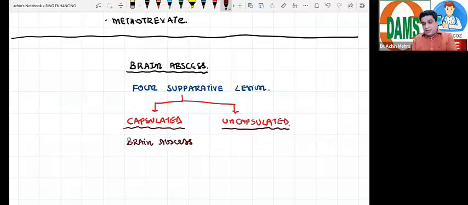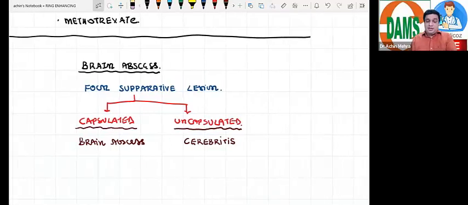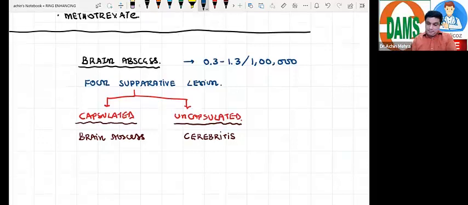If you find it to be uncapsulated, you call this inflammation of the brain due to infection, of course, cerebritis. Is brain abscess a very common entity? No, it's very rare. The incidence is found to be 0.3 to 1.3 per 1 lakh of the population around us. So it doesn't seem to be a very common entity, right?